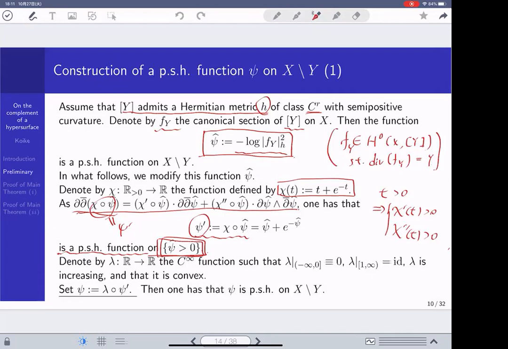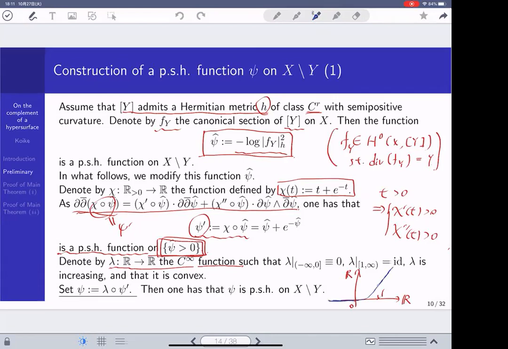Further, we will modify this psi prime. Denote by lambda the C infinity function like this. Here is R, and here is R, and here is 1, 0. Lambda is like this.